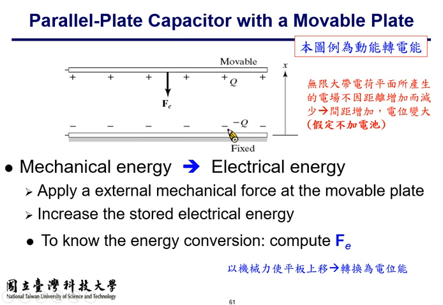In this case, we still have two parallel plates, and again, the top is movable while the bottom one is fixed. If you apply an external mechanical force at the top plate, you supply mechanical energy and convert it into electrical energy.